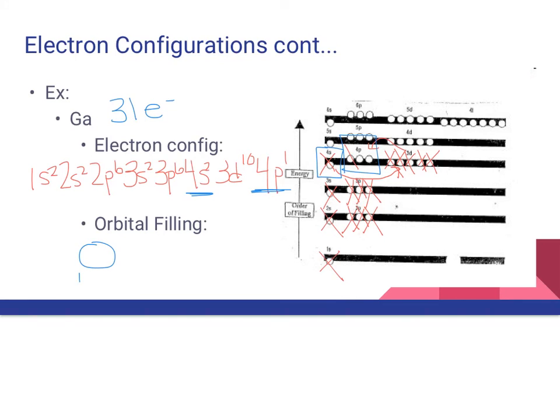So here I have my 4s. I'm going to draw all 3 orbitals for the 4p. In the 4s, I have 2, and in the 4p, I have 1. So my orbital filling diagram looks like this. So that's how we go about writing electron configurations and orbital filling diagrams for elements on the periodic table.